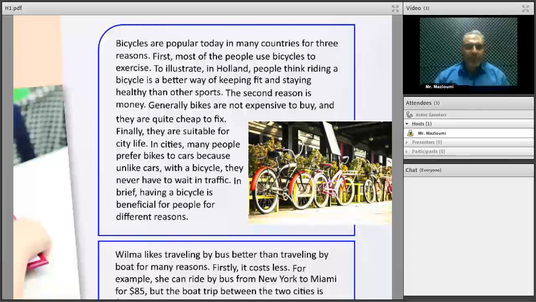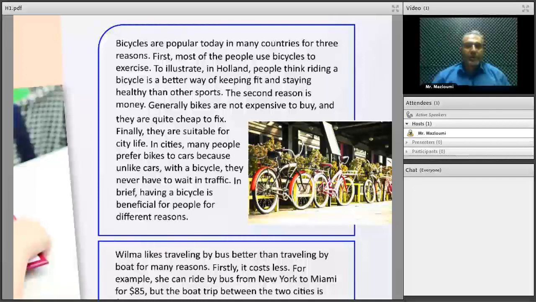In brief, in short, to sum up, to conclude, in conclusion, to put it in a nutshell, having a bicycle is beneficial. It has good effects. So it has good benefits for people for different reasons. This is our concluding idea. So, everyone, is this paragraph unified?